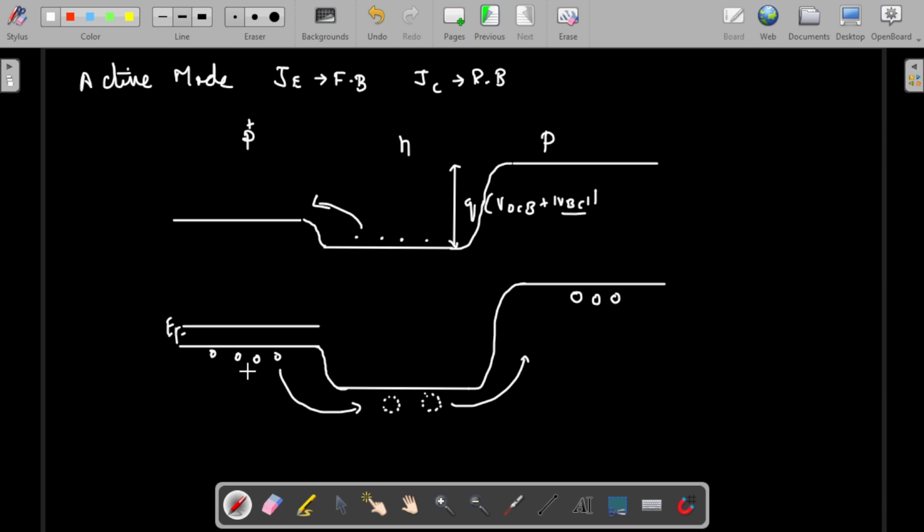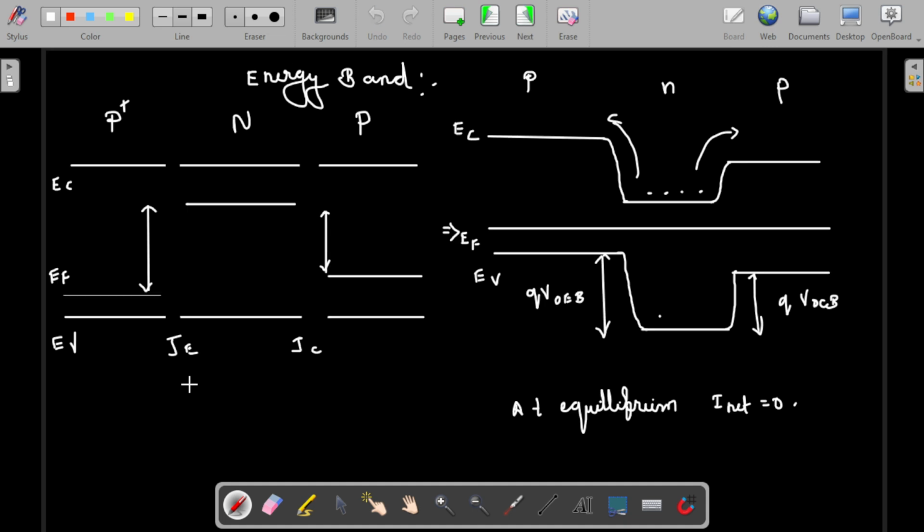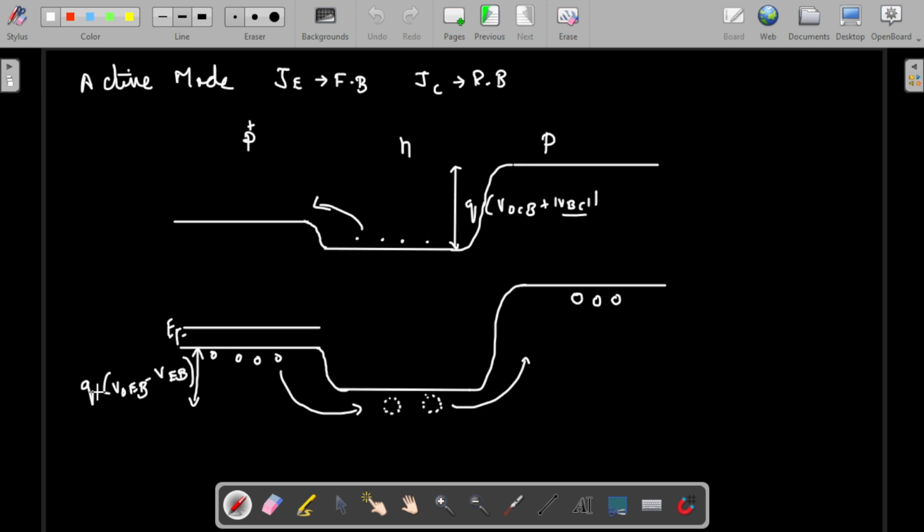Because of the forward potential, the difference in width will be q(VOEB − VEB). VOEB is the natural electric field or voltage difference. When we apply the forward potential, that will be subtracted by VEB, right? In the previous class we have seen this is VO. VO is the normal natural barrier without any external supply. So if we provide a forward bias, it is considered as subtraction. Here it is reverse bias, so that is taken as plus. I hope this is understood.